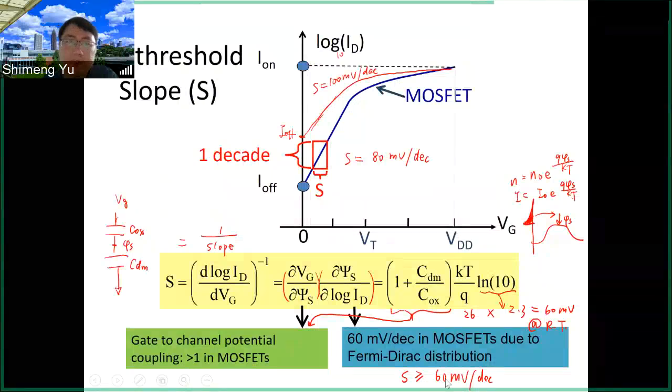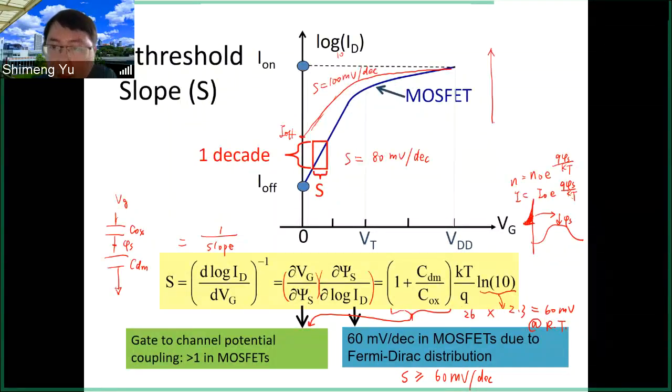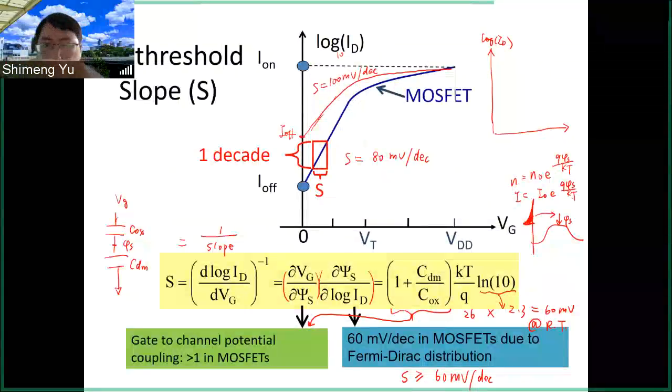Why would this S factor matter? Because this S factor will determine the minimal threshold voltage you can have on the transistor. So think about that. If your transistor's on-off ratio you need is log ID, and you have the Vg. So the transistor I on versus I off, typically we need 10 to the power 5.